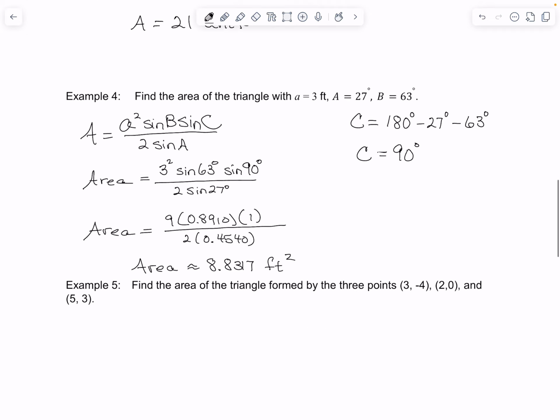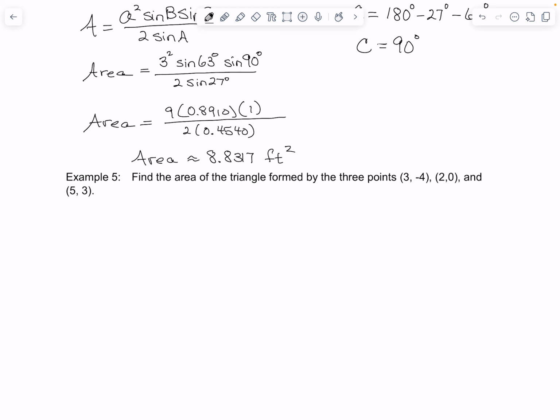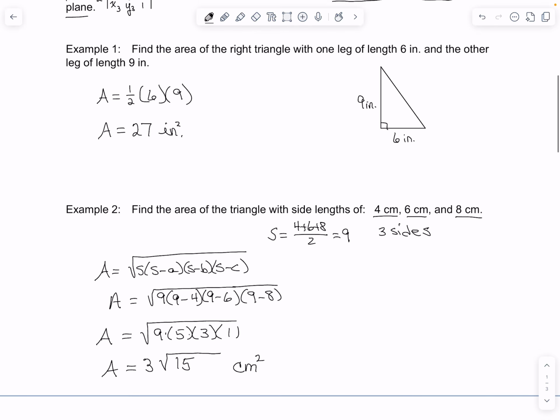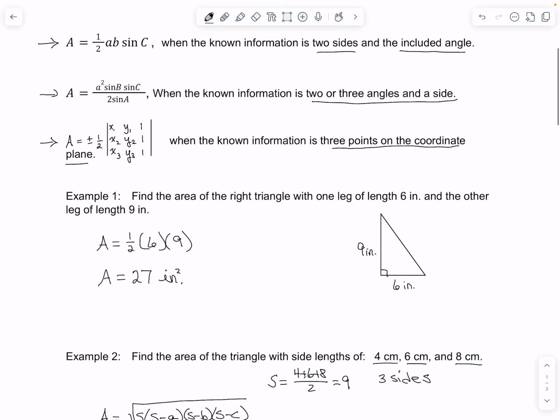And then lastly for this video, we have find the area of the triangle formed by the 3 points (3, -4), (2, 0), and (5, 3). So with 3 points on a coordinate plane, we're going to use something called determinants.